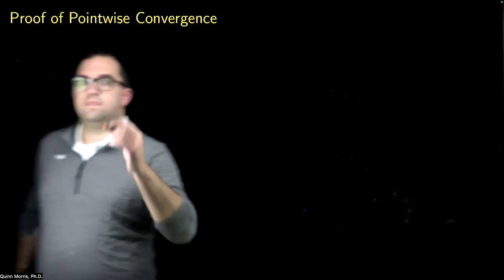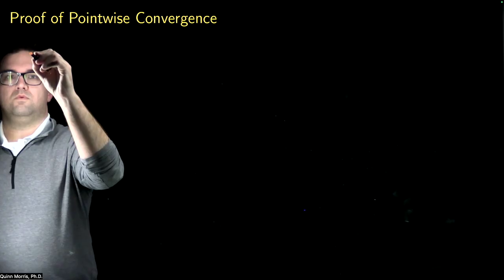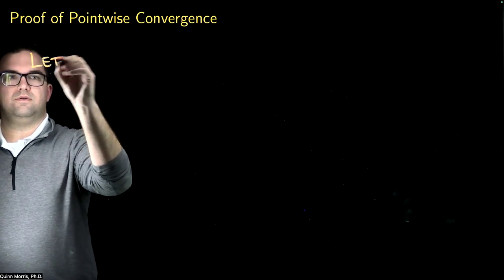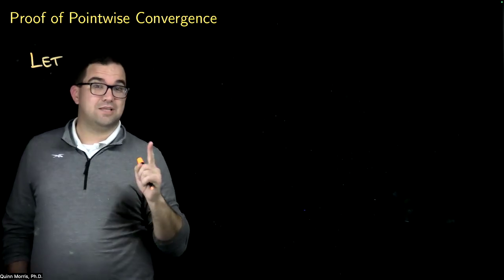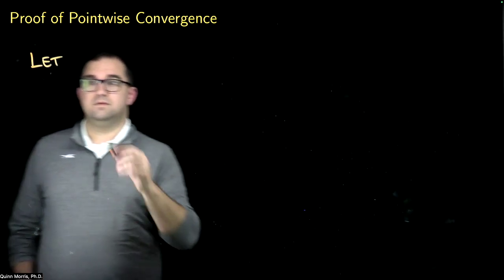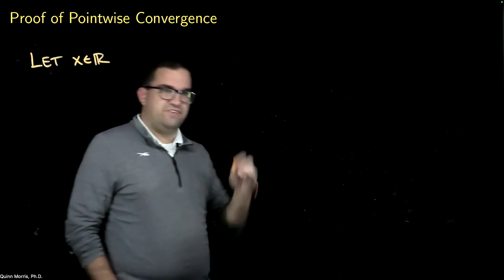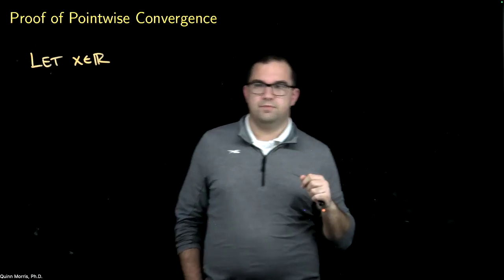All right, so to prove this, we're going to start not this time with an epsilon, but with an x. Okay, so let x in the reals be fixed. Fix some particular x value.